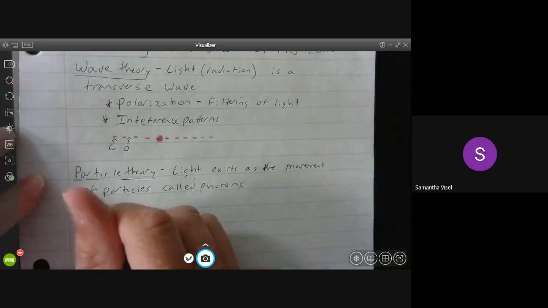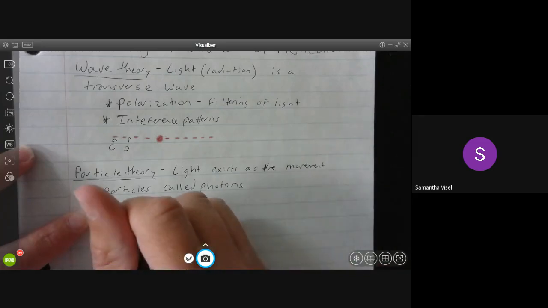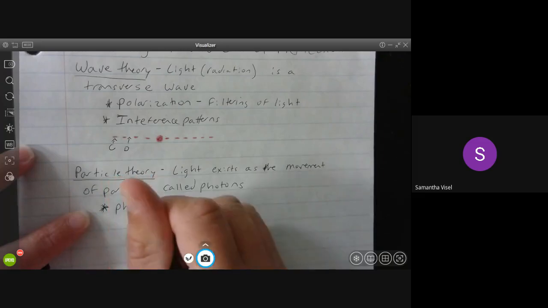Now I don't have a demo here for this one, a little too elaborate of a setup here, but a common observation that we have in which light does not behave like a wave is what's called the photoelectric effect.